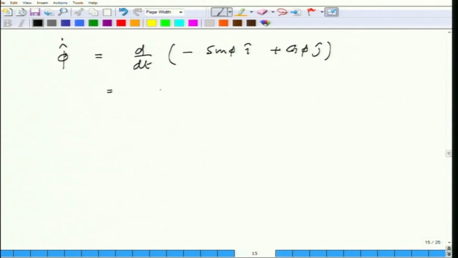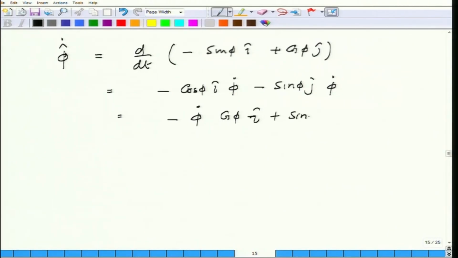So this is going to be minus cosine of phi i phi dot minus sine phi j of phi dot, which I can write as minus phi dot cosine of phi i plus sine of phi j. Now I want to bring this in the form of a combination of r unit vector and theta unit vector.